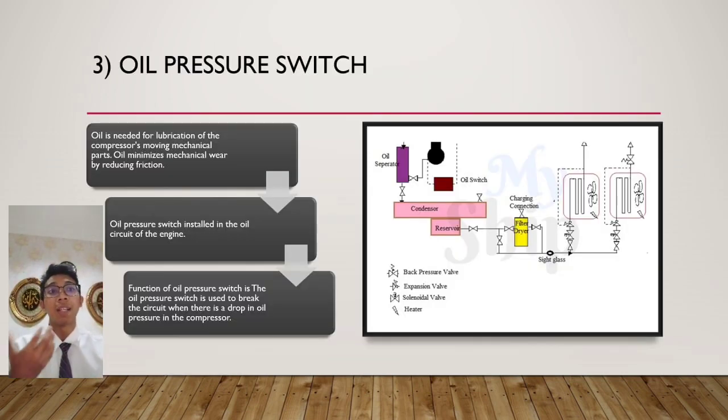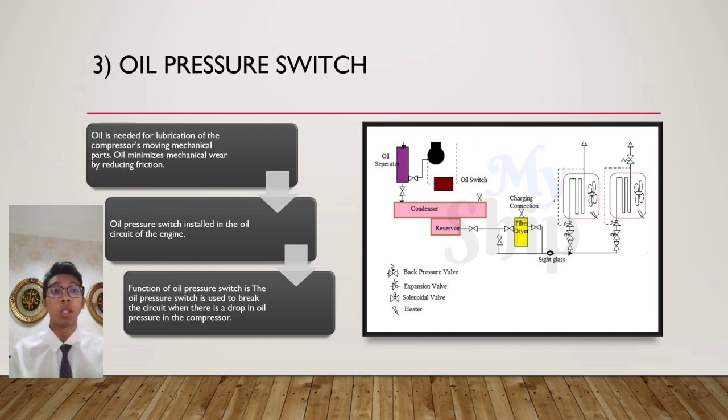Lastly, the last type of pressure switch in the air conditioning system is the oil pressure switch. So we have to know what the function of oil is in a compressor. Oil is needed for lubrication of the compressor's moving mechanical parts to make the compressor move smoothly.